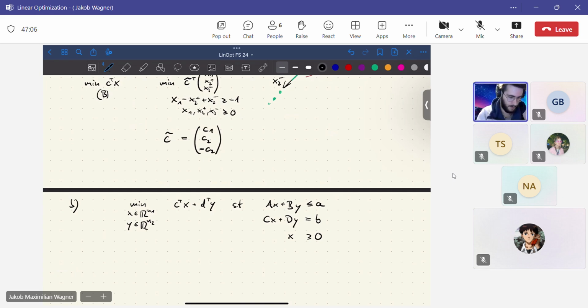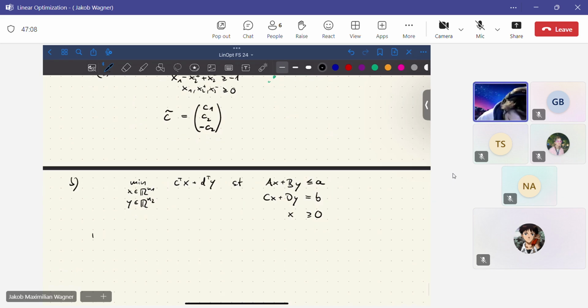Okay, so let's first write it into the canonical form, which is, I'd say, always the easier one, because we can split this Cx plus Dy is equal to b into two inequality constraints. So we have Cx plus Dy should be less or equal than b, and Cx plus Dy should be greater or equal than b, which we can write, if we multiply it by -1, also as a less-or-equal constraint.